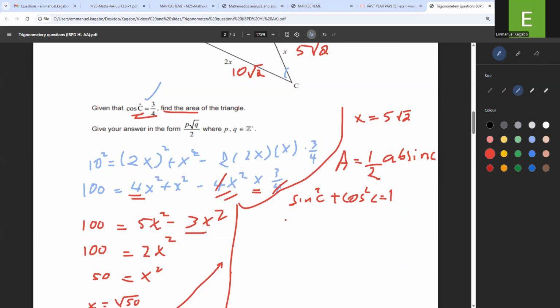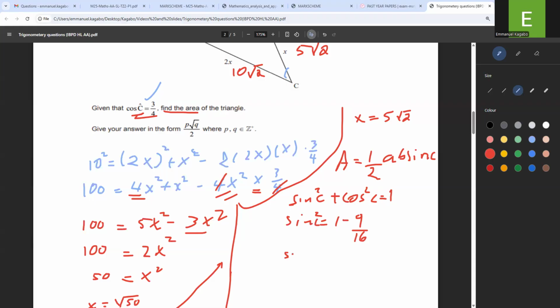So meaning now, what is sine C? Cos C is 3 over 4. So that means sine squared C equals 1 minus cos squared C. Cos C squared will be 9 over 16, my bad.